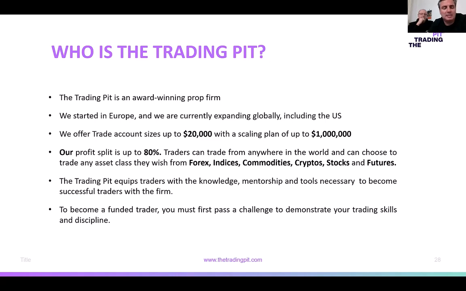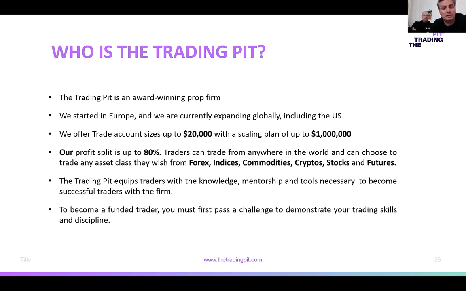In essence, what we do is provide, as said, risk capital that starts at 20,000, and through so-called scaling plans, we provide more capital. There is no real end, but our standard agreements, what we promise to traders, reach up to $1 million.